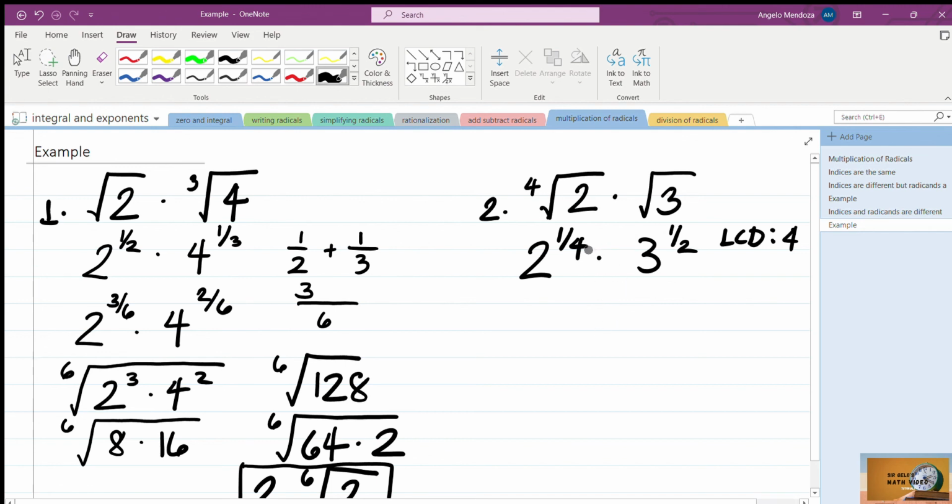So the same thing, this is still 1/4, so that's 2 raised to 1/4 times 3 raised to 2/4.